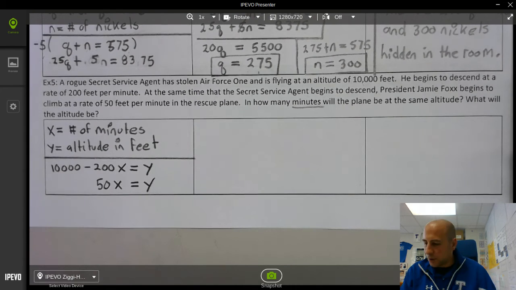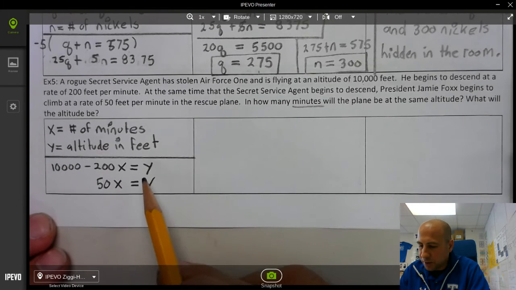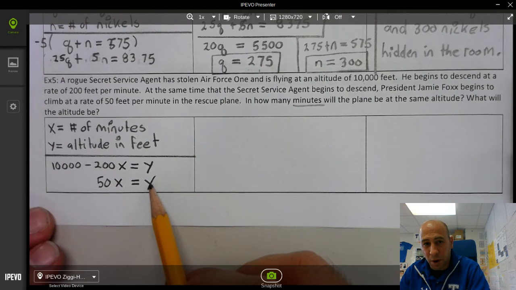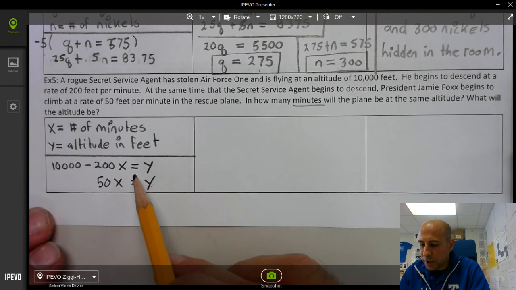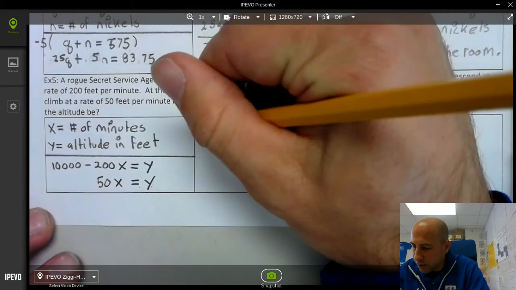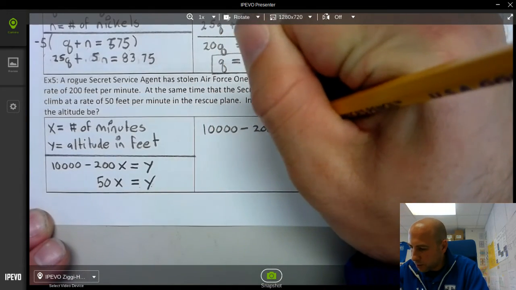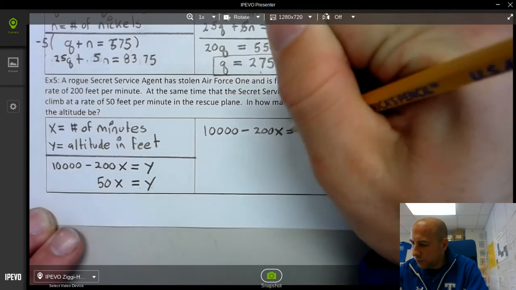All right, so now the next part is write the equations, okay, which we did. Now solve the equation. Now it looks like here that they're both solved for y, so we can actually solve by substitution. Now this one's cool, because they're both equal to y, you can say that they're both equal to each other. So you can actually write 10,000 minus 200x equals 50x.